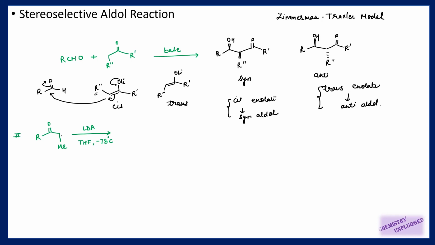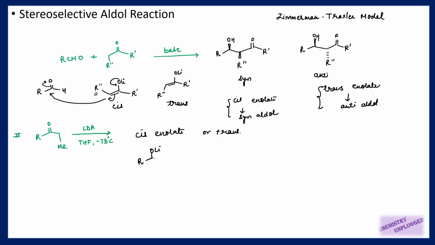Right, then we come to this example in which we are using LDA and we have here an R group. So we know that it can give me either cis enolate or trans enolate.